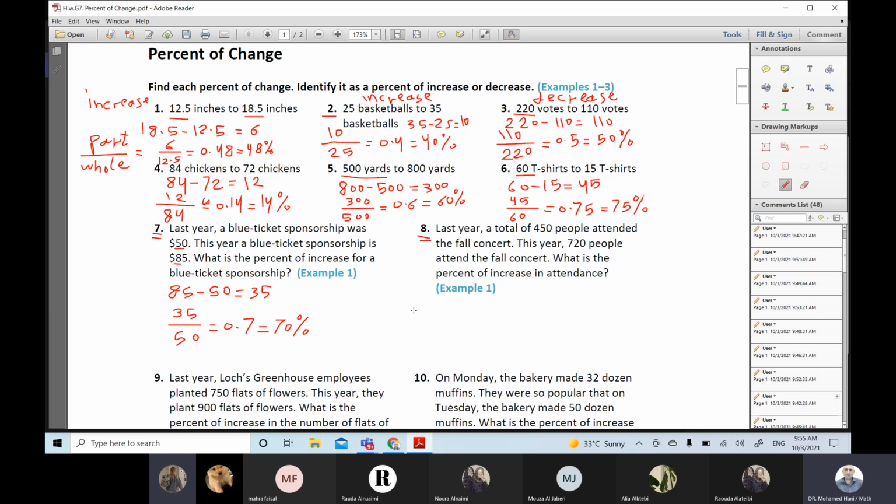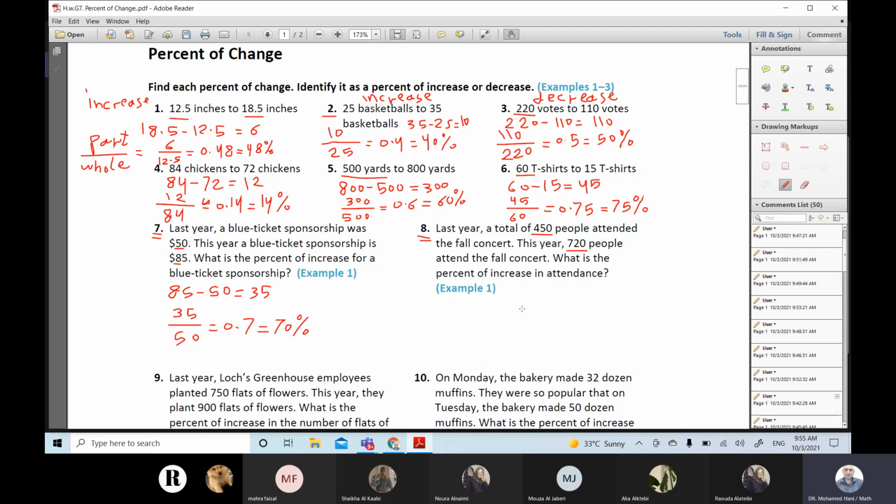Last year, a total of 450 people attended the fall concert. This year, 720 people attended the fall concert. What is the percent of increase in attendance? Thank you, great Sheikha. I will add to you 2 marks.